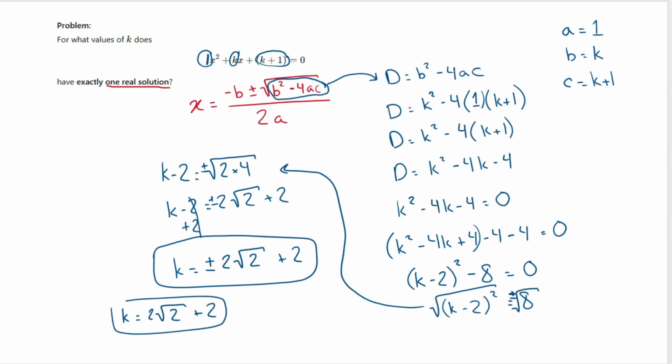That's one solution. And k equals negative 2 square roots of 2 plus 2. So those are your two solutions that make this expression have only one real solution.